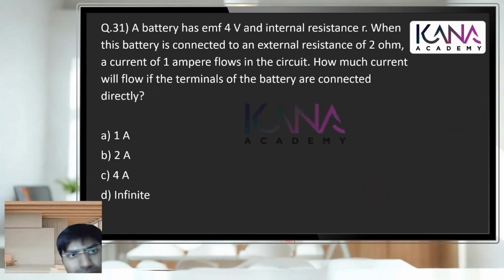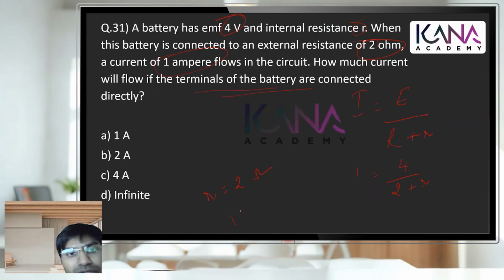Okay. So 31st, there is a battery EMF which has 4 volts with the internal resistance r, with the external 2 ohms and current 1 ampere. How much current will flow if the terminals of the battery are connected directly? So I is equal to the formula E by R plus r. Here given is I is 1 and E is 4 and it is 2 plus internal resistance r. So this will give r is equal to 2 ohms.